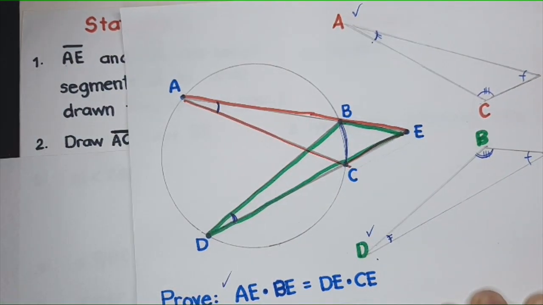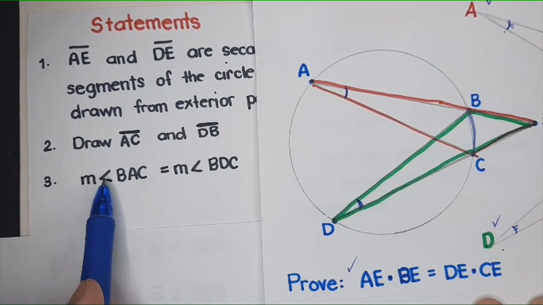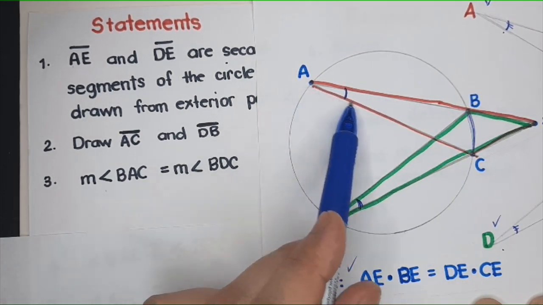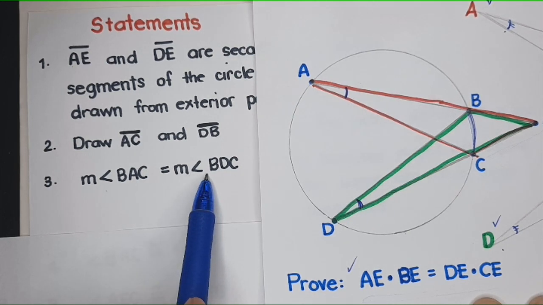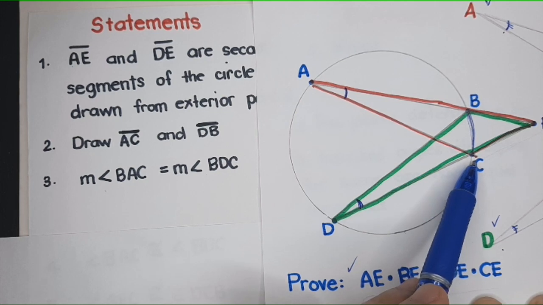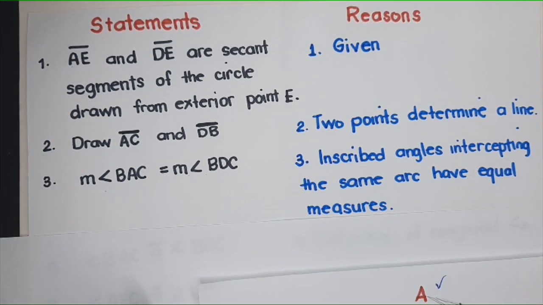Okay? So let me write that in our two-column approach. Okay, so the third statement, the measure of angle BAC is equal to the measure of angle BDC. Alright? Okay? The reason? Inscribed angles intercepting the same arc have equal measures.